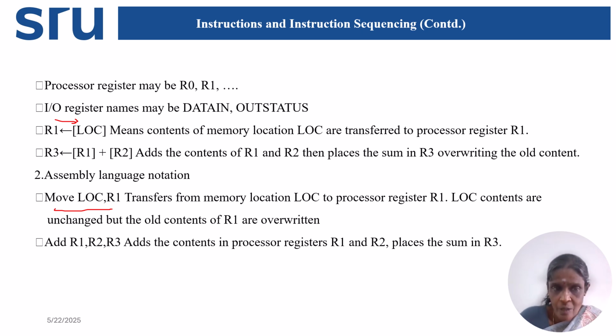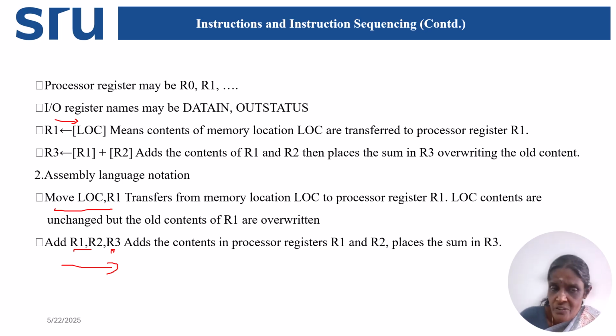And then the next example, add R1 R2 R3. It adds the contents of processor registers R1 and R2 and then places the result in R3. See the data movement and the operation in this direction. These two contents are added and the result is stored in R3. The direction depends on the architecture only.